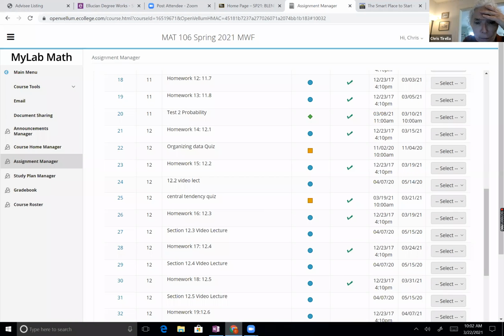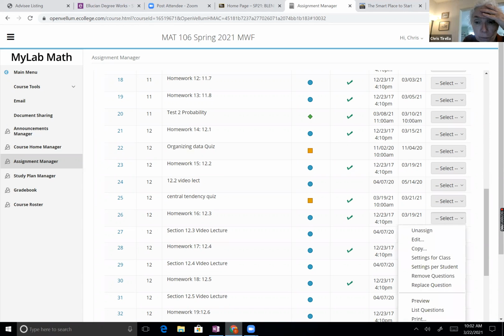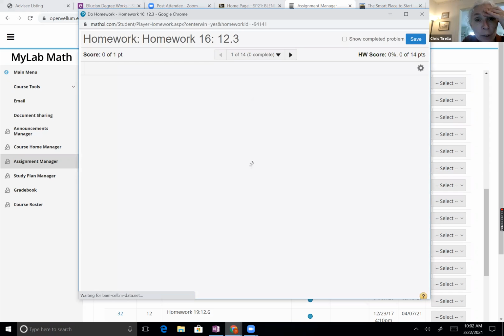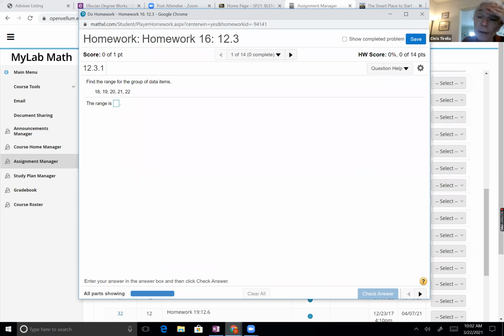Homework 16. I'm just looking at it and trying to remember, yeah, that was the standard deviation homework, and I need to apologize because we did not have class on the 19th.